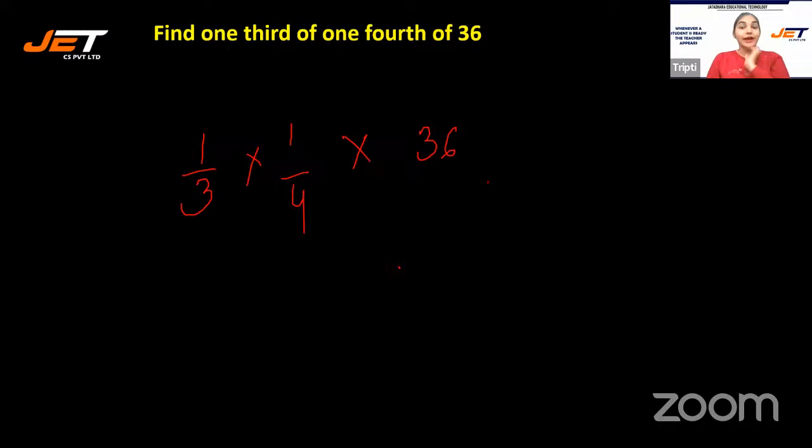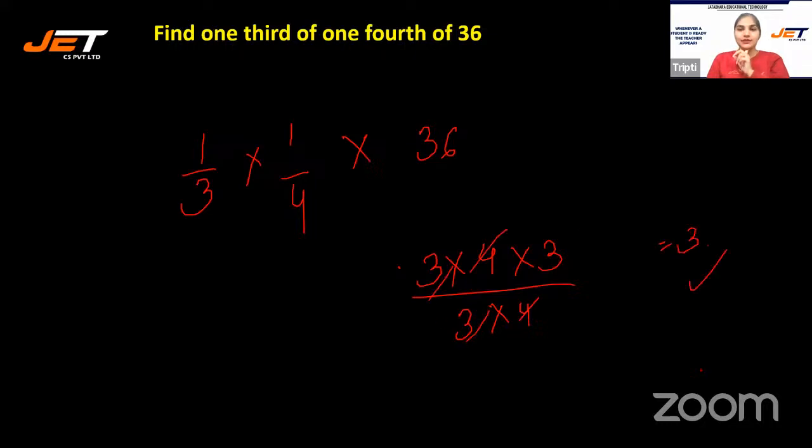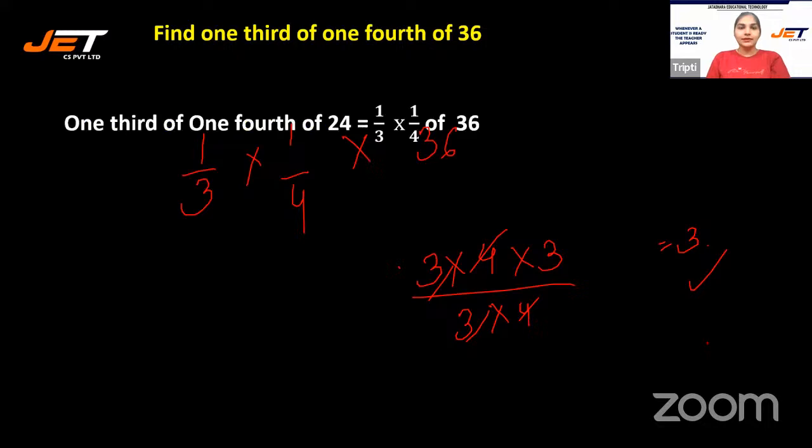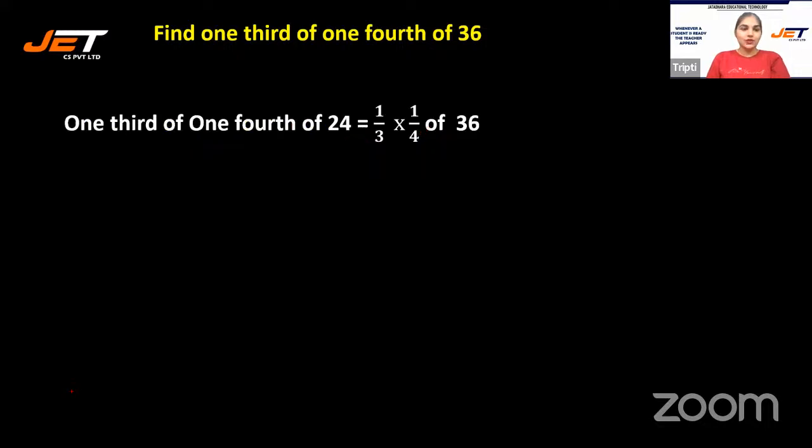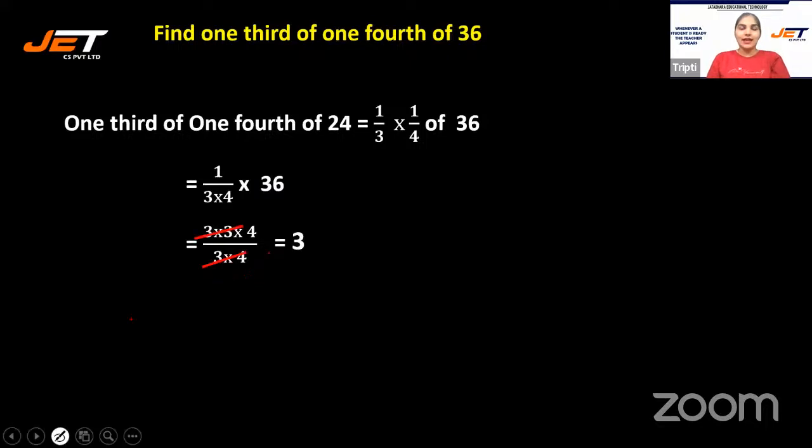So I can write 36 as 3 times 4 is 12, 12 times 3 is 36. And in the denominator, it's 3 times 4. Cancel, cancel, cancel, cancel. 3 is the answer. All right, so here, 3 is the answer.